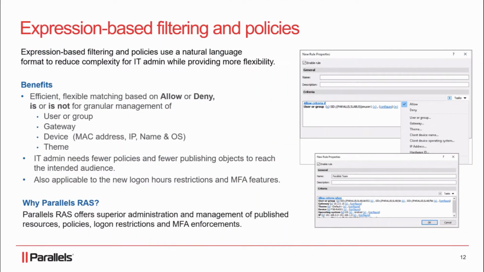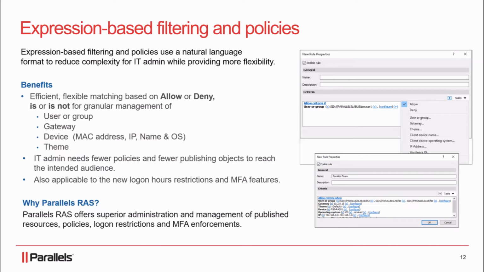RAS 19 introduces expression-based filtering. This is a very powerful way of determining whether users have access to resources or not. These rules can be applied to the published resources, to policies, logon restrictions, MFA enforcements, what have you.